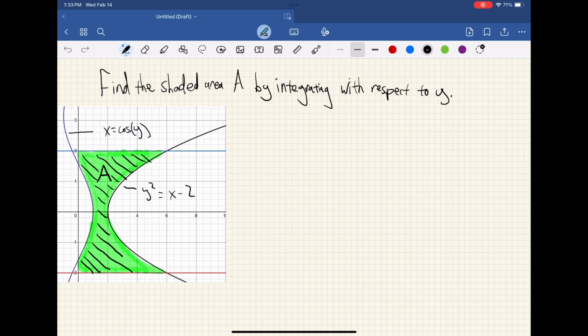So in this case, we're just trying to find the area of the shaded region A by integrating with respect to y. Now, when you're trying to find the area by integrating with respect to y, what you need to notice is that the area A is going to be equal to the integral from the bottom to the top. So those are going to be our limits on our integral.